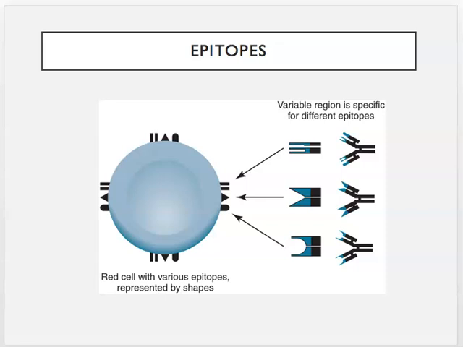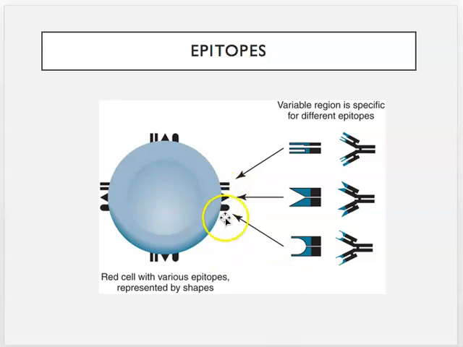So here's a picture of an epitope. So this is your red cell. These are different antigens, or the epitopes. And you can think of them kind of like a lock and key type mechanism.